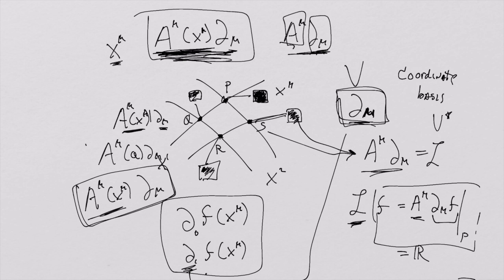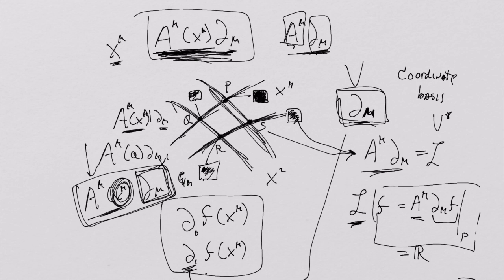Now, the price I pay is the components become functions of space-time, and the vector basis is no longer some abstract notion of E mu. The vector basis actually has to be these differential operators relative to these coordinate lines. And once I've established those differential operators, I've put a basis at every single point in space-time.